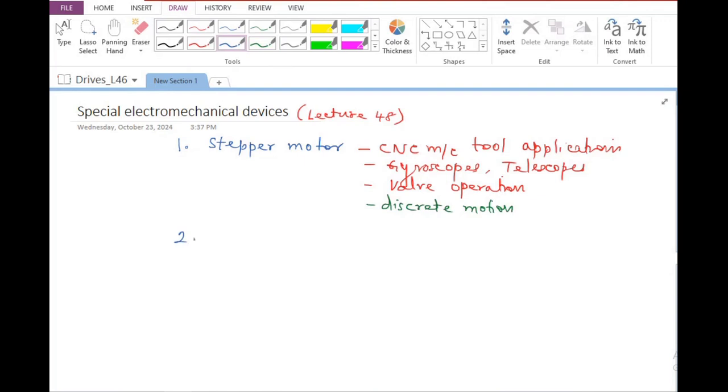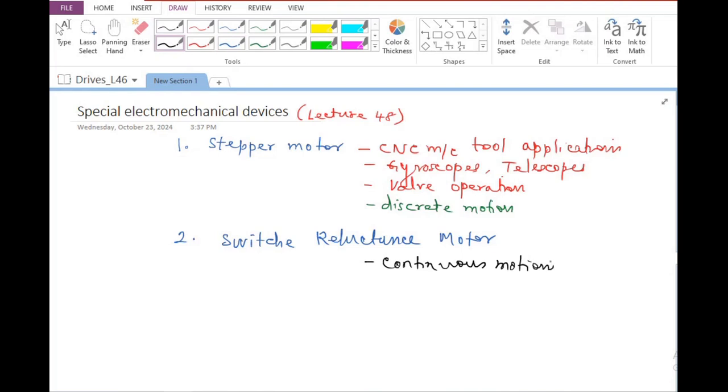The second motor that we would be discussing, as an extension of stepper motor, is the switch reluctance motor. As I told you, it is an extension of the stepper motor. Switch reluctance motor is mainly used for continuous motion, just like how we use DC motor or AC motor for continuous motion.